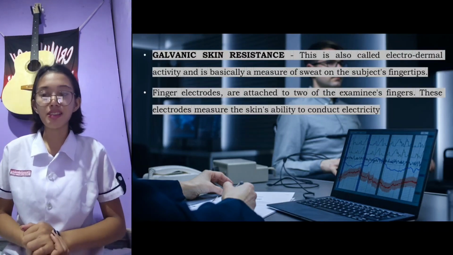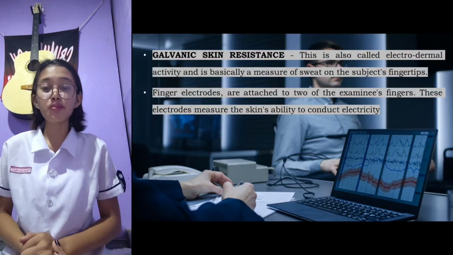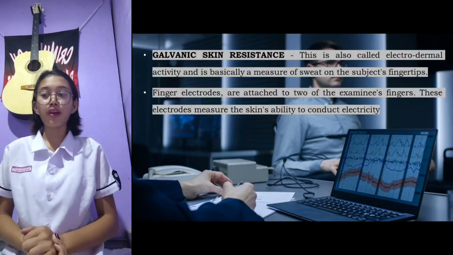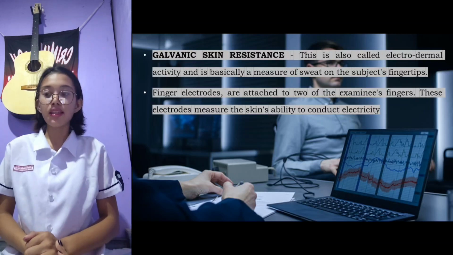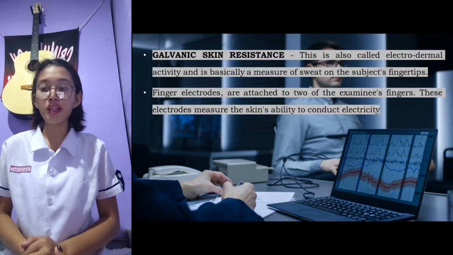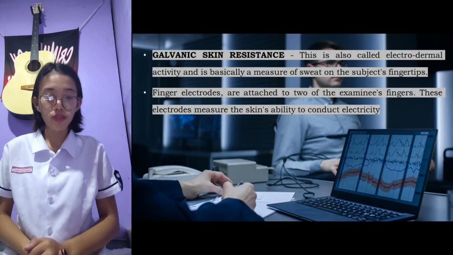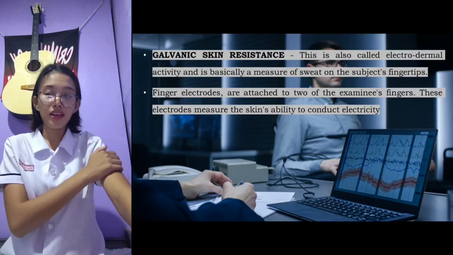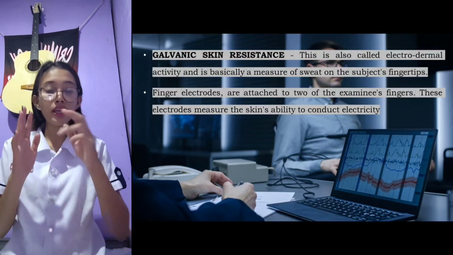Galvanic skin resistance. This is also called electrodermal activity and is basically a measure of sweat on the subject's fingerprint. Finger electrodes are attached to two of the examinee's fingers. These electrodes measure the skin's ability to conduct electricity. So, kung ang blood pressure cuffs natin ay nasa kanan, ang finger electrodes naman natin ay nasa kaliwa, pero in finger.